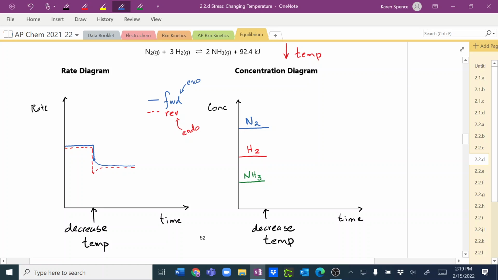Okay, so let's do this properly. What should my H2 do? Go down 3 times as much. Are we happy with me? Is this a happy graph?